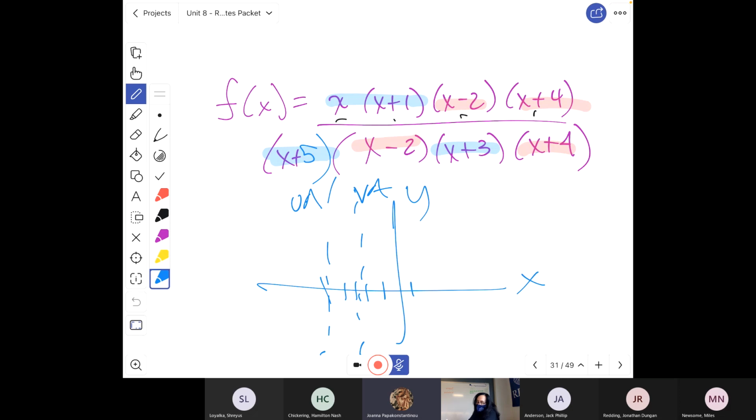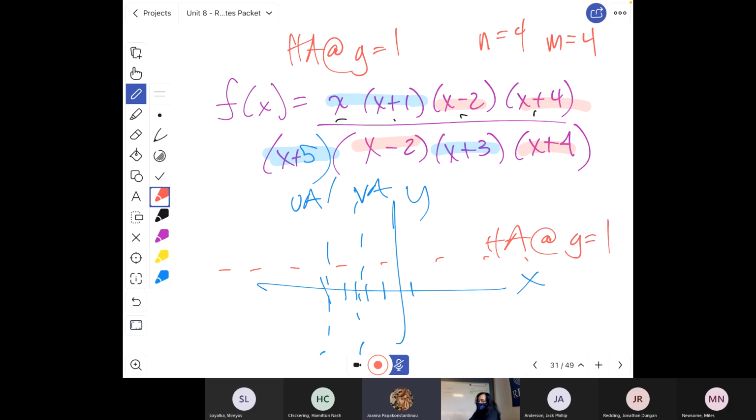Yes. And then now n would equal 4, m would equal 4. So what do I know? Horizontal asymptote at, right? If I multiply all those together, I have the same degree in the numerator and denominator, and the ratio of leading coefficients is 1.